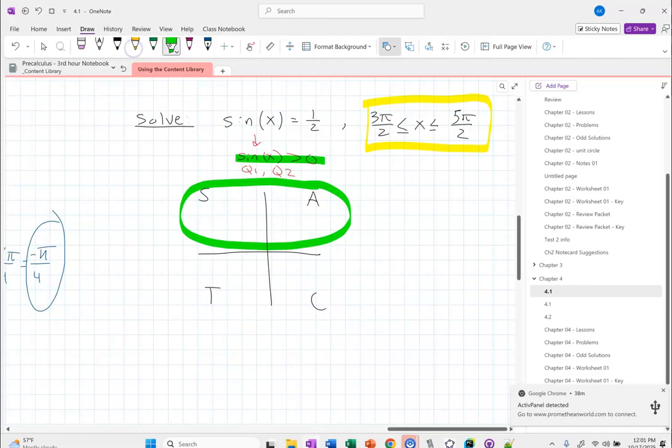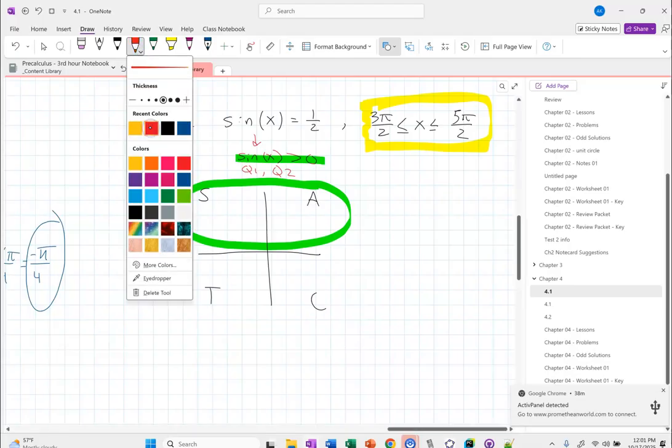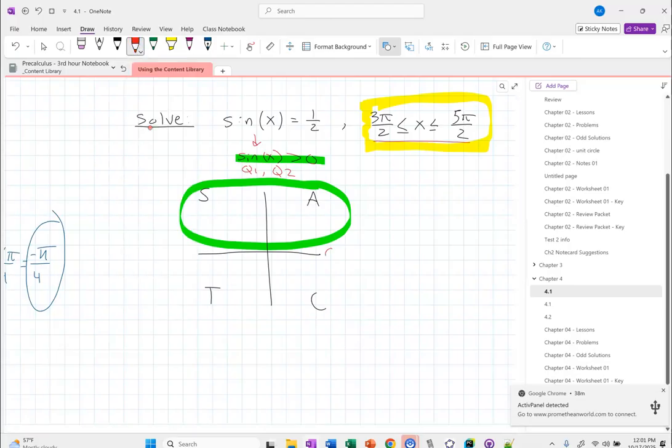Now I'm going to use this and figure out what two quadrants are covered by those angles. So to do that, I'm going to start, I have 0. And are these angles positive or negative?